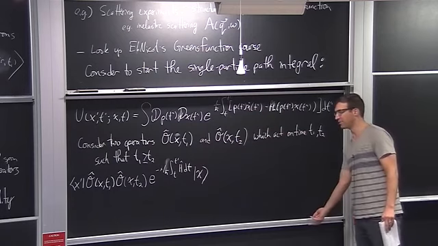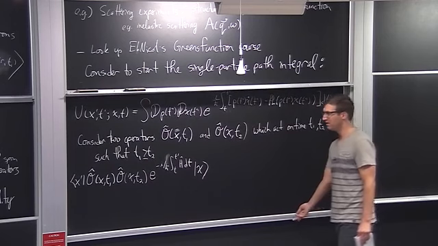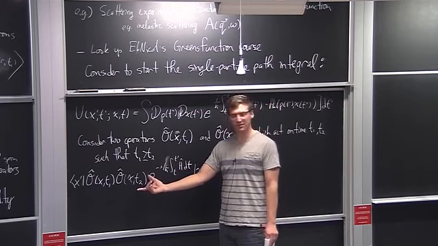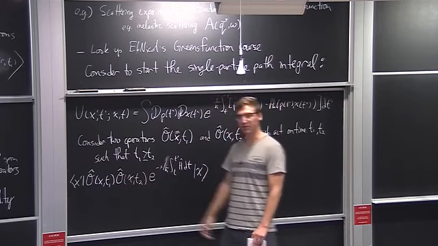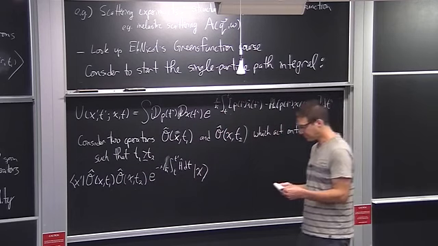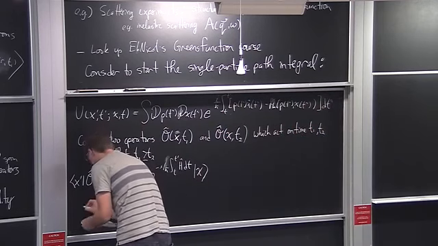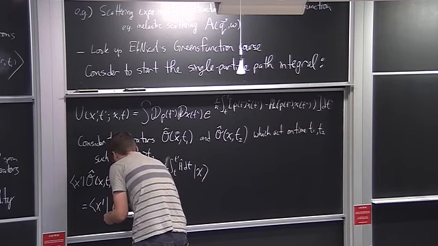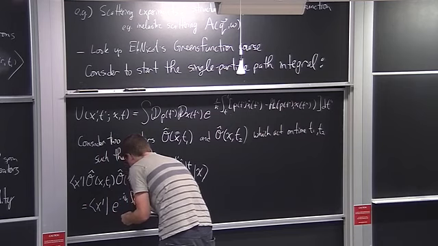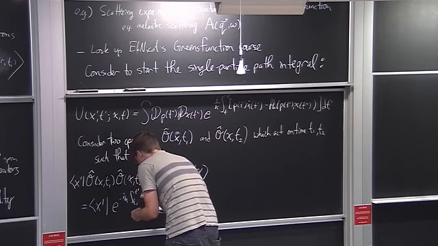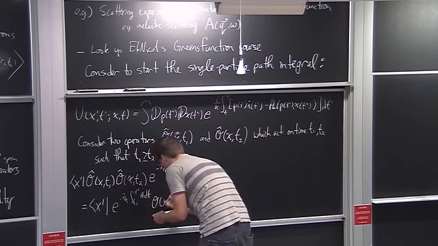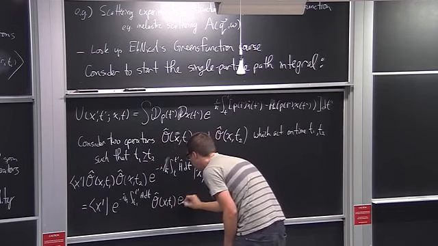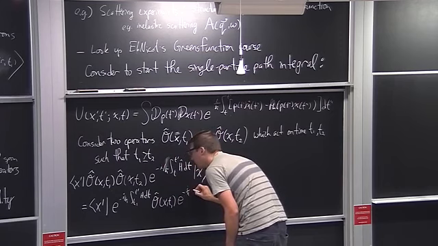Let me break up that exponential. The only difference between this and the path integral that I derived is the fact that I put these two operators in here. And one operates at t1 and one operates at t2, two different times. So t1, t prime. That operator acts there, e to the minus i over h bar.